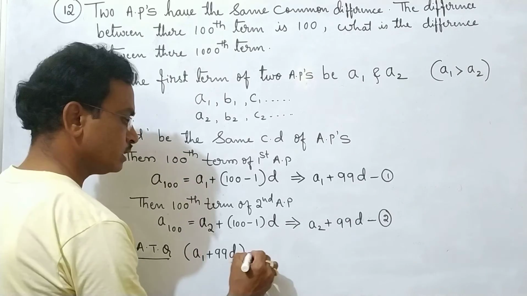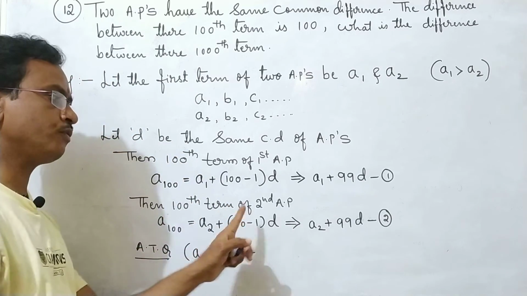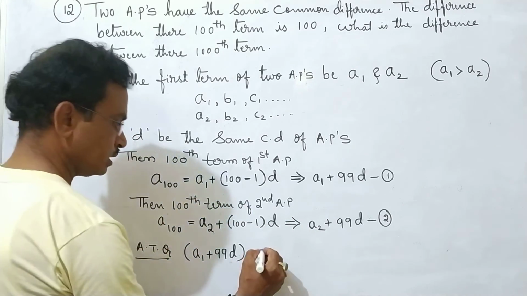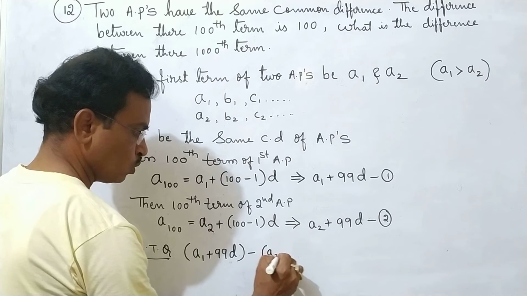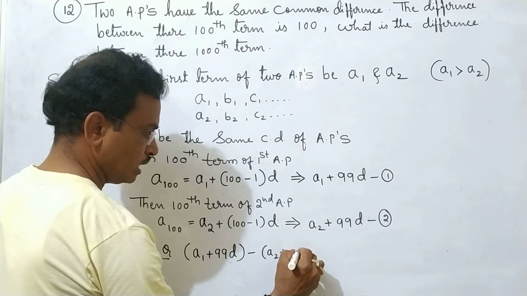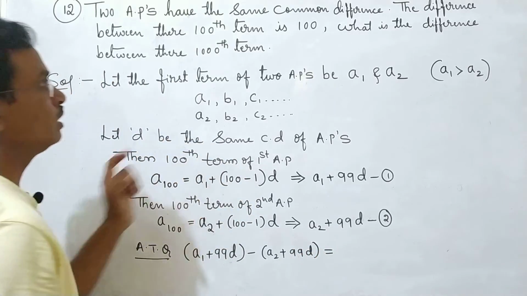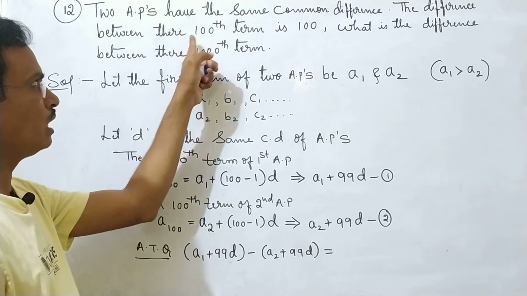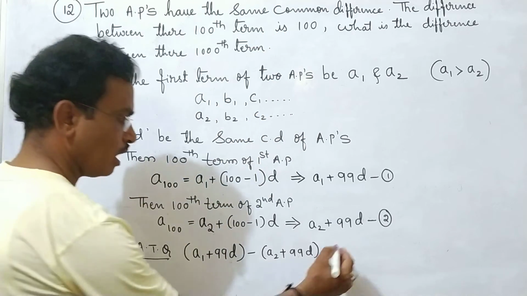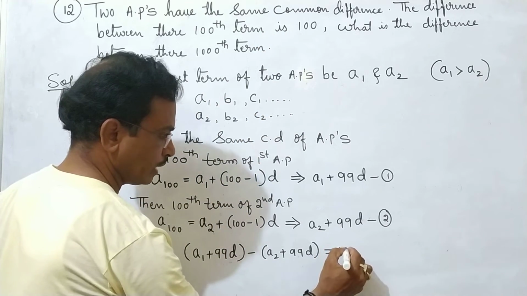Minus the 100th term of the second arithmetic progression, A2 plus 99D, is equal to 100.